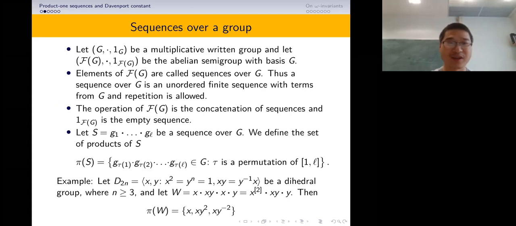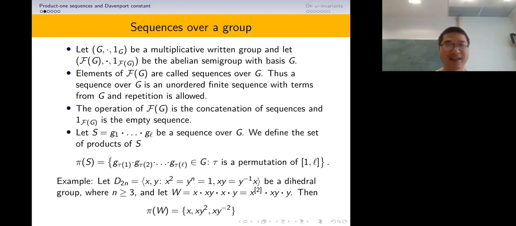Thus, by a sequence over G, we mean an unordered finite sequence with terms from G, and repetition is allowed. The operation of F(G) is just the concatenation of sequences, and the identity element of F(G) is just the empty sequence. Let S be a sequence over G, written as g_1 bold-dot ... bold-dot g_l.